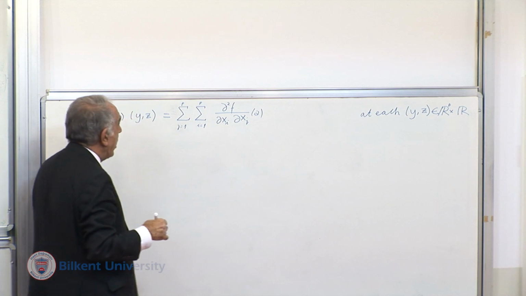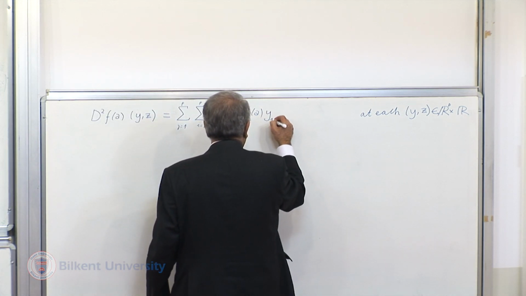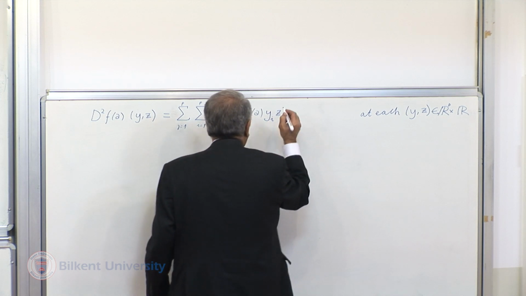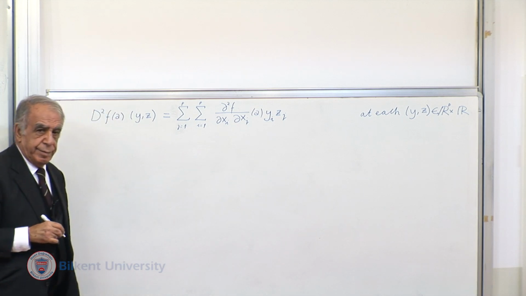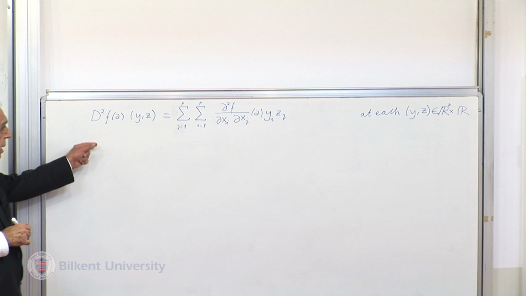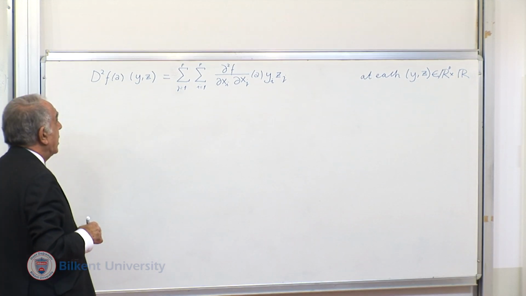Now this will be multiplied by the ith component of y and the jth component of z. This will be the definition we will adopt.